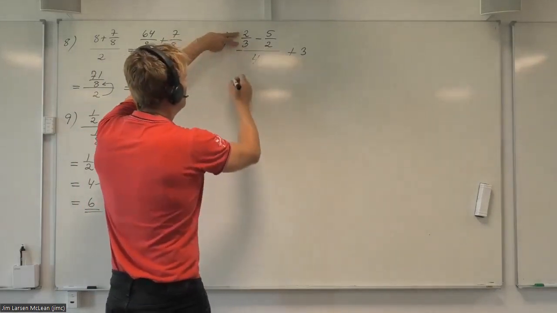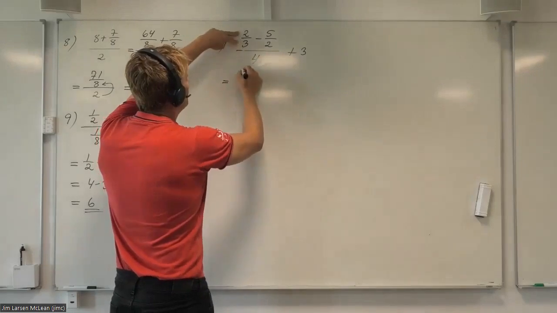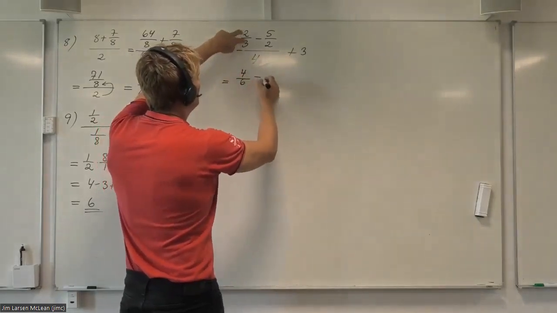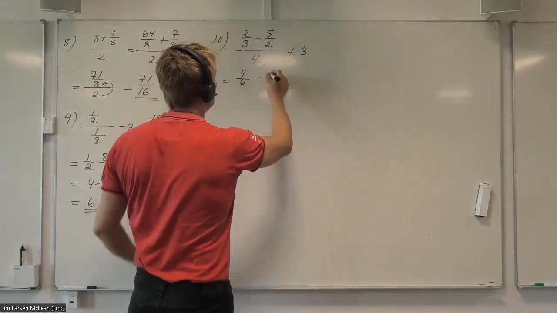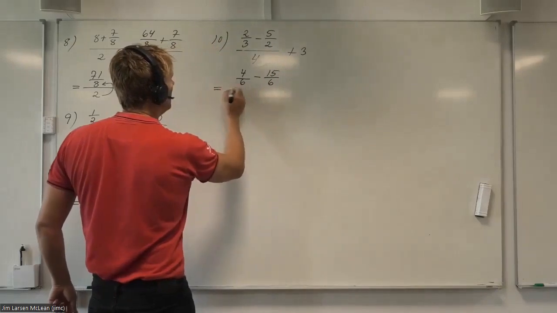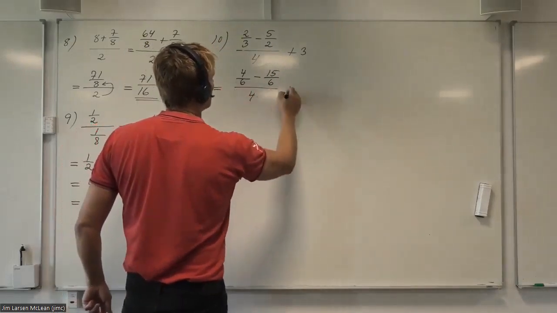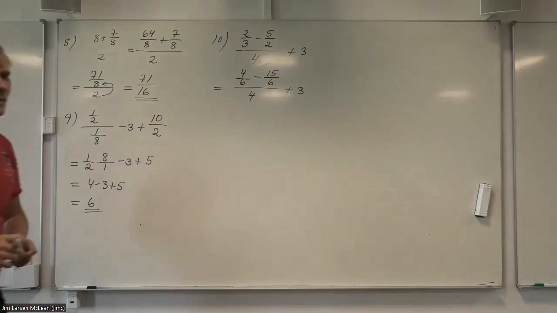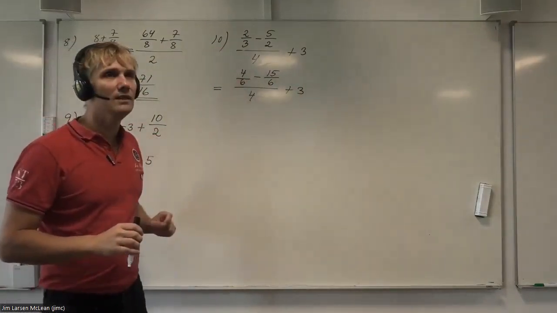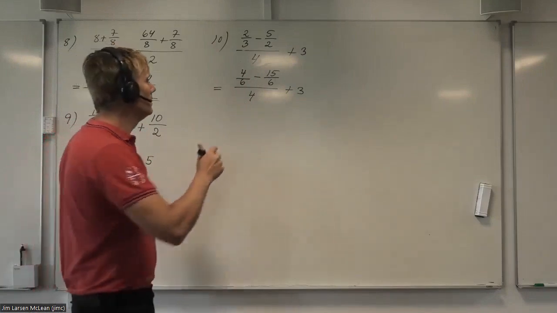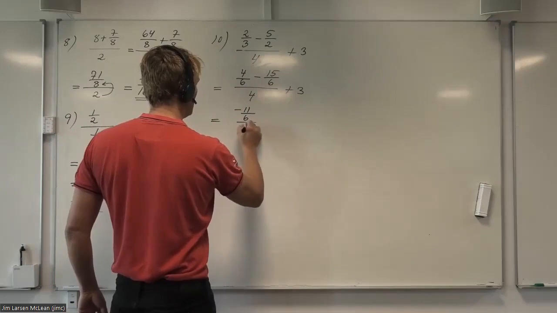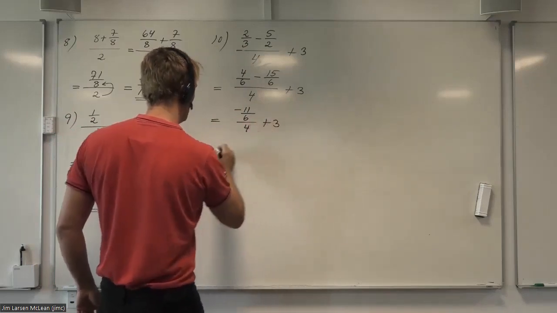Here I'll multiply by 2. If I multiply by 2, I get 2 times 2, which is 4, over 3 times 2, which is 6. Then multiply by 3. 3 times 5 is 15. So I get negative 15 for one part. Everything should be divided by 4. And then I need to remember to add 3. So I can say 4 minus 15, which gives negative 11. So it's negative 11 sixths, which should be divided by 4, then plus 3, whole.